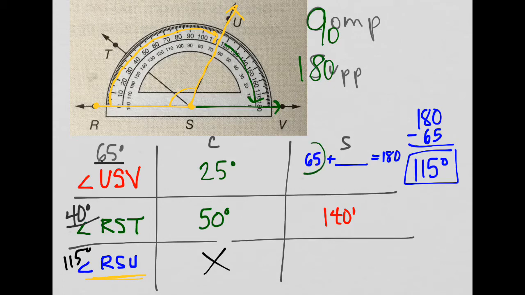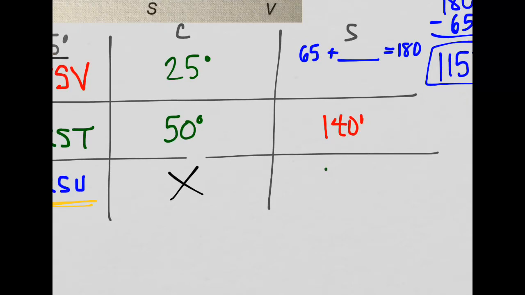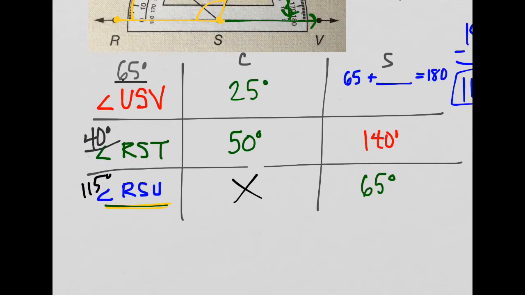Well, it's kind of similar to this guy up here, I suppose. We have 65 degrees. We could count it if we want. 10, 20, 30, 40, 50, 60, and a little bit more. Okay, so 65 degrees is the supplement to RSU, which is 115 degrees.